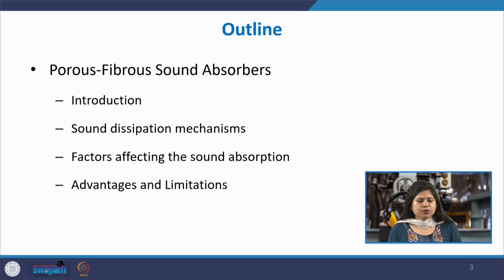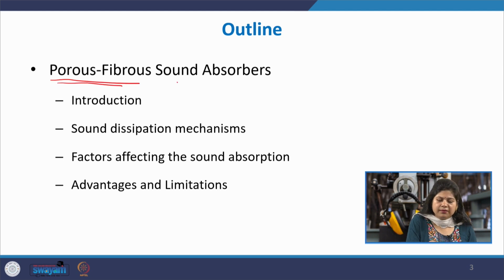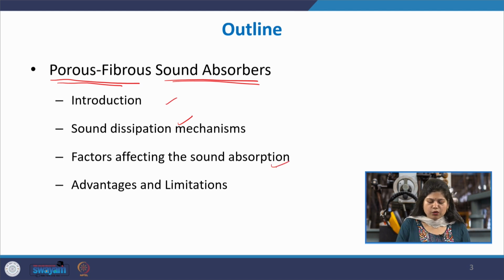So, in today's class we will see the first type of absorber, which is the porous fibrous sound absorber. Just the introduction to what these absorbers are, what they are made of, their sound dissipation mechanisms, what are the factors that affect their sound absorption, and some of the advantages and the limitations of using these sound absorbers.